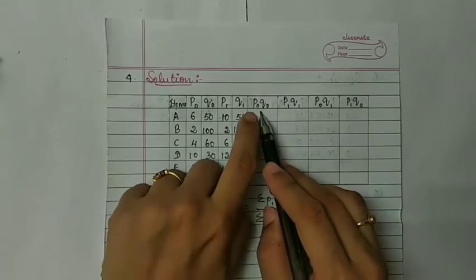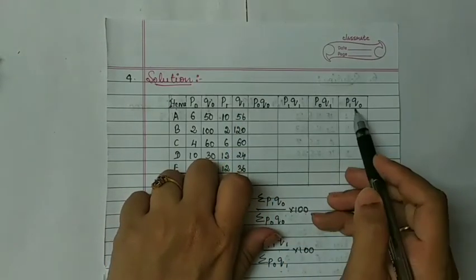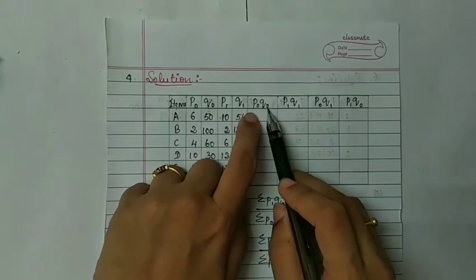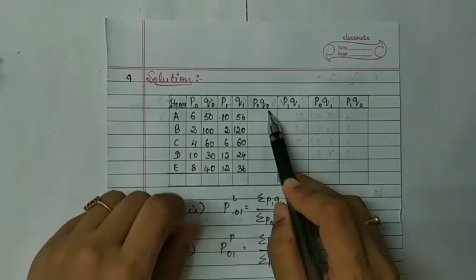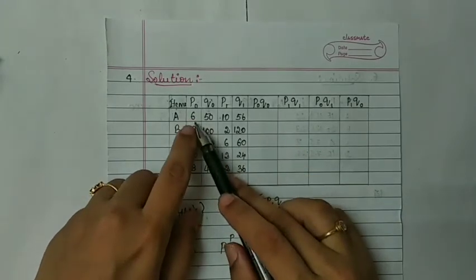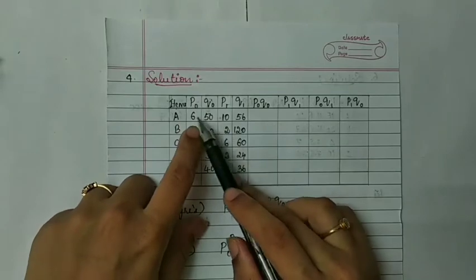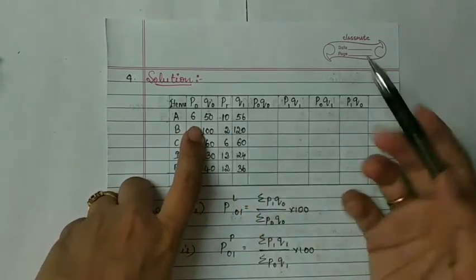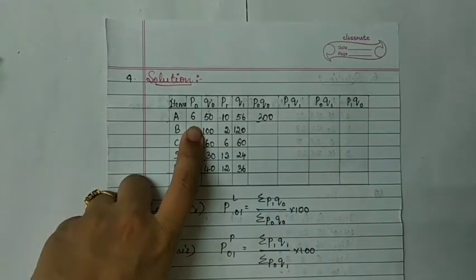First columns for P0 Q0, P1 Q1, P0 Q1, P1 Q0. How to calculate P0 Q0? P0 Q0 is nothing but P0 into Q0. So P0 is this and here is Q0; you have to multiply 6 into 50, that is 300. In the same way, let us calculate the remaining.